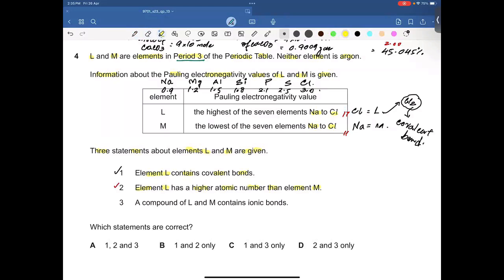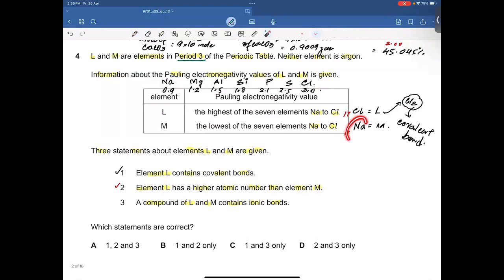Let's talk about the third. A compound of L and M contains ionic bond. Obviously, M is basically sodium and L is basically chlorine. So this is metal, this is non-metal. When they combine together, obviously you will get sodium chloride, and sodium chloride exhibits ionic bonding.